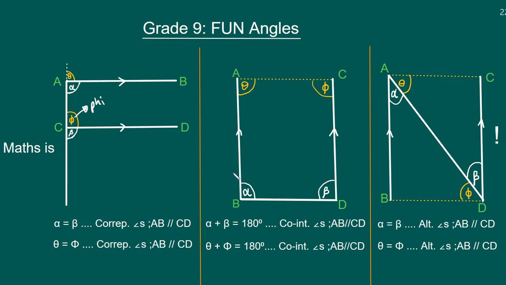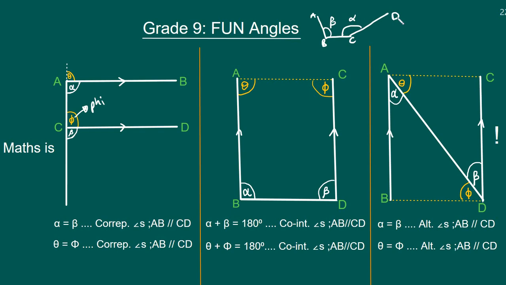So your co-interior angles are only supplementary if the lines are parallel. Which means, I want you to look at this, guys. Logically, you will tell me, but how can these things be equal to each other? Check these two lines. I'll call it AB here and then CD. These angles are co-interior because they are inside of this U shape.